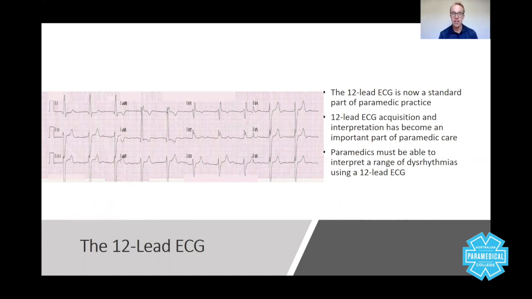And that's what I find interesting, but never mind, that's avoiding the situation. So lead 1 is here, lead 2 is here, lead 3 is here, AVR is the 4th lead, AVL, AVF, lead V1, V2, V3, V4, V5, V6.